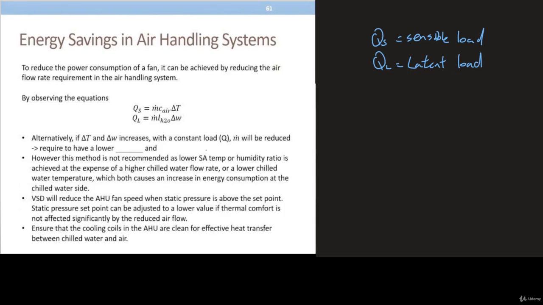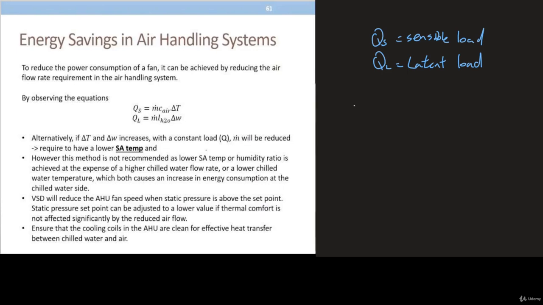Alternatively, if your delta T and delta W, delta omega, increase, and if your load never changes, actually your mass flow rate will start to reduce.